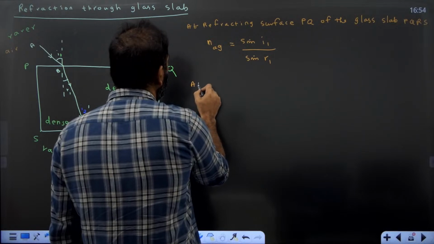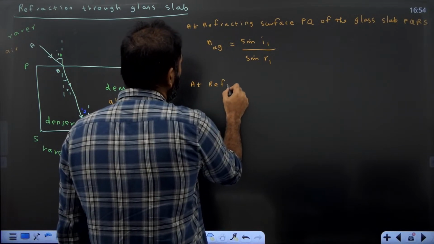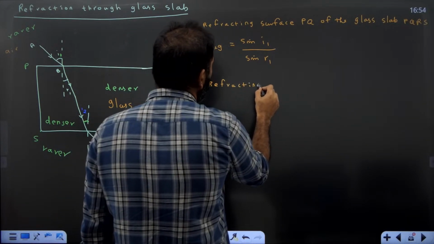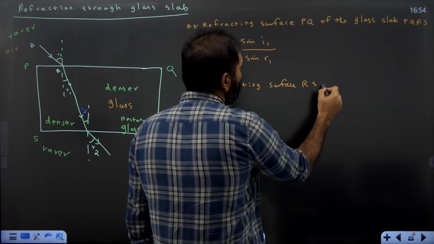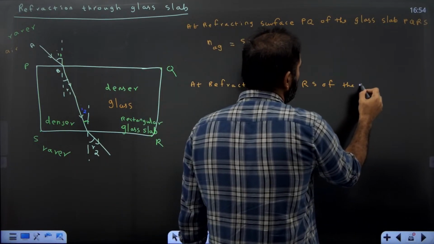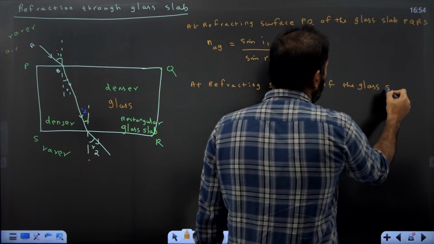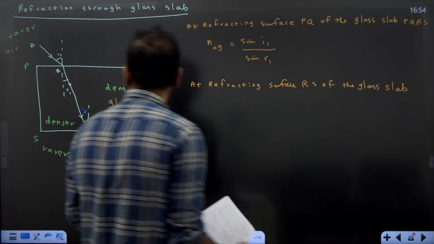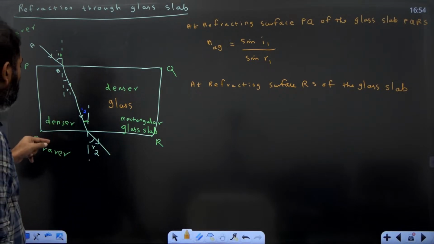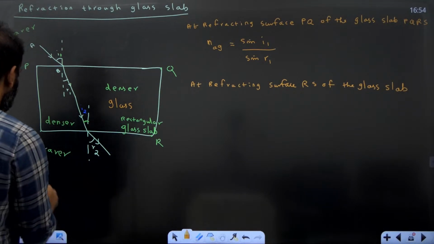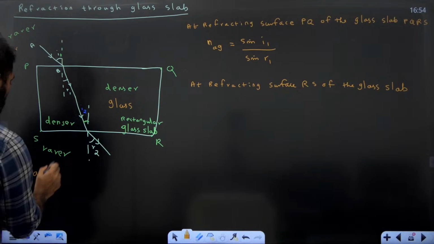Now at the refracting surface RS of the glass slab, what is the incident angle? I2. What is the refracting angle? R2. The light ray travels from glass to air, so this is again denser to rarer.